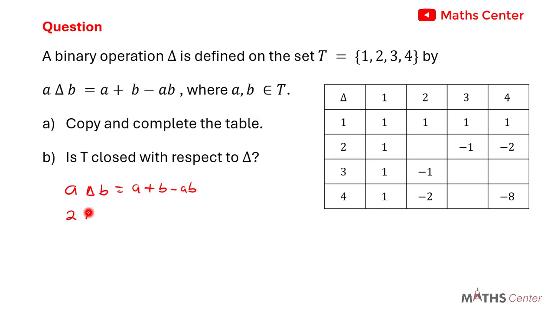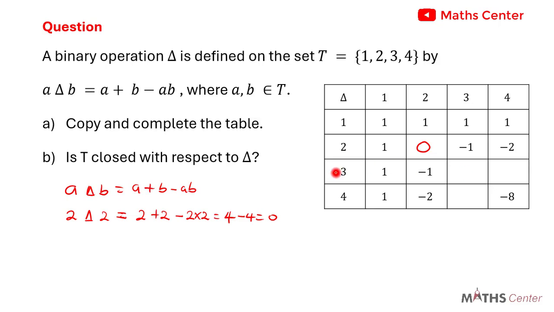So 2 delta 2 will be equal to, by comparison, A will be 2 and B will also be 2. So 2 plus 2 minus 2 times 2. 2 plus 2 is 4. 2 times 2 is 4. So we are going to have 4 minus 4, which gives us 0. So 2 delta 2 is 0.